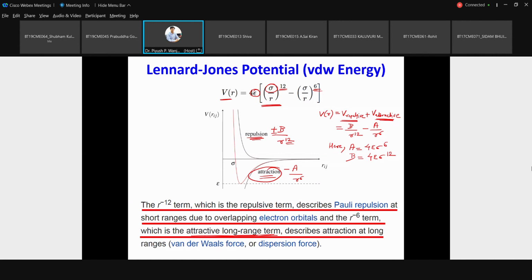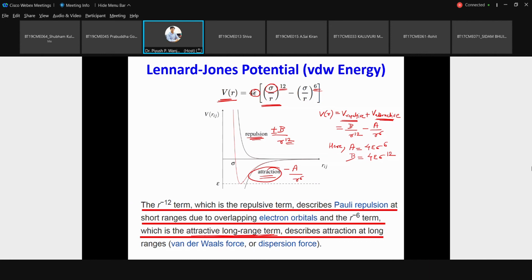Most of the time when people talk about van der Waals interaction, they are talking about the attraction only. But if you want to define the van der Waals interaction together, after a particular point it becomes meaningless because the repulsive forces start, which you also need to take into consideration.